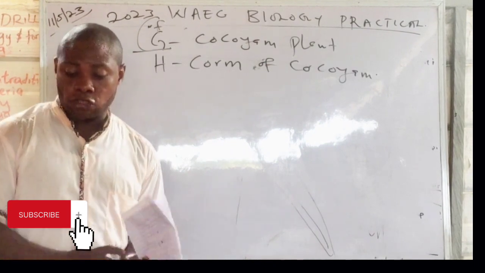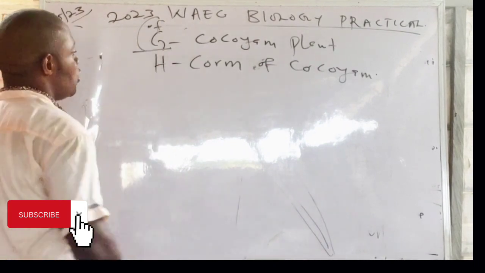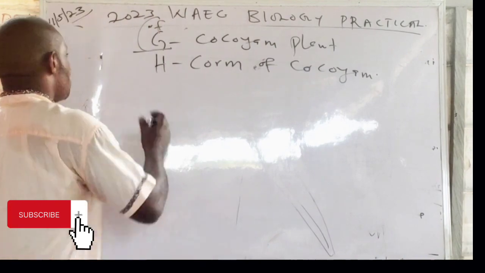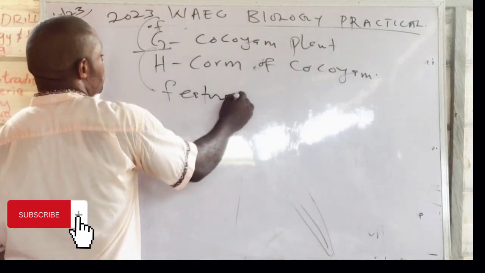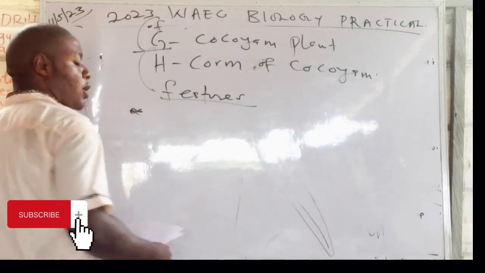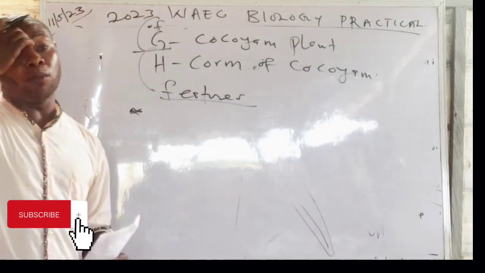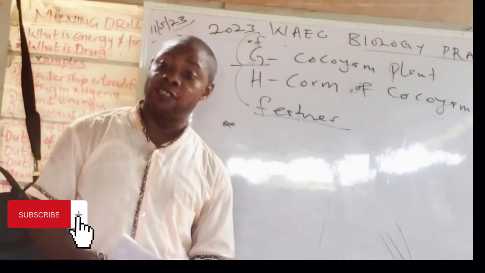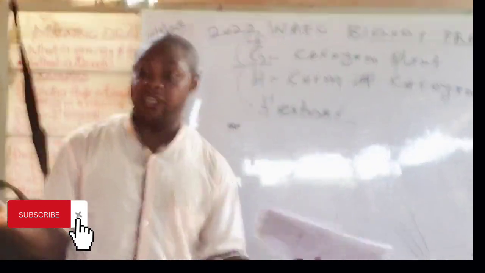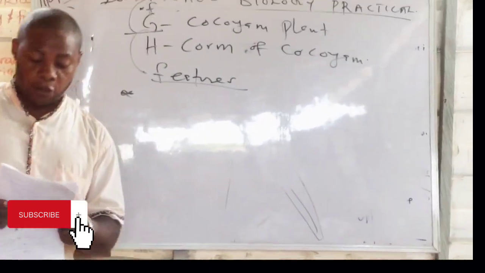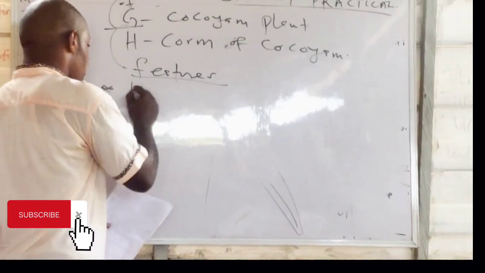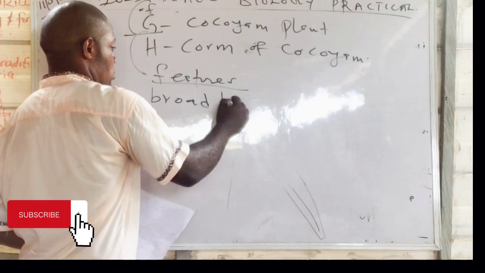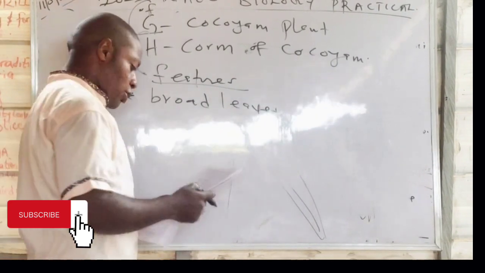So let us look at features of G. I'm sure you know, you've seen cocoyam several times. Number one, the first thing to come to your mind when you see the plant of cocoyam is their leaf. Their leaves are very big, very broad. So G has broad leaves.